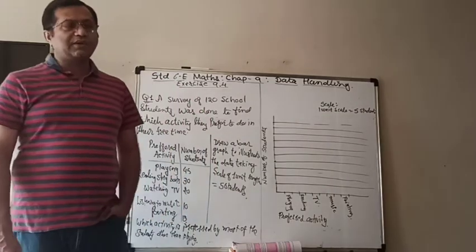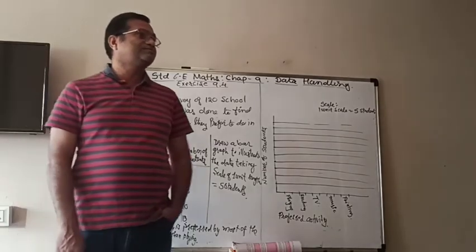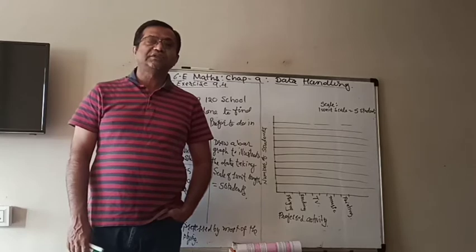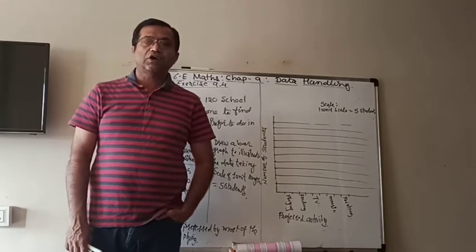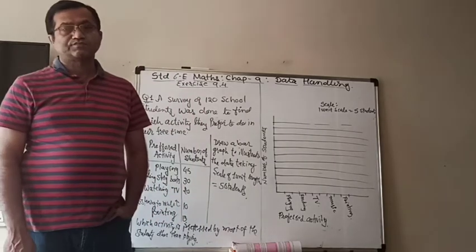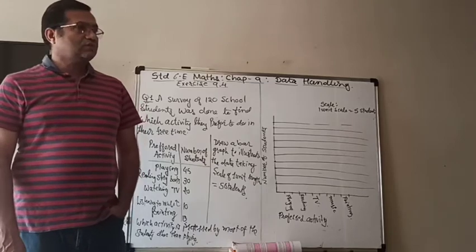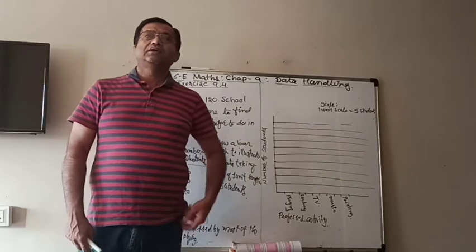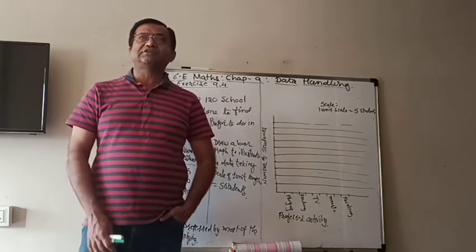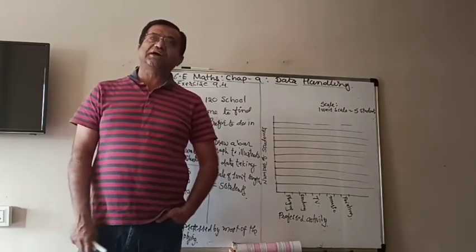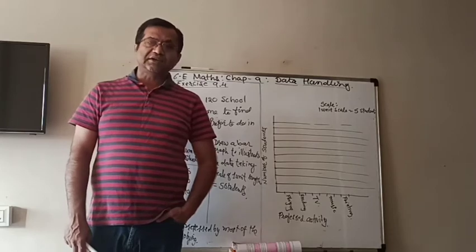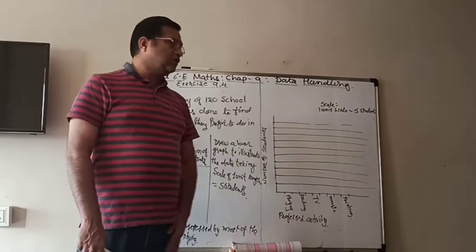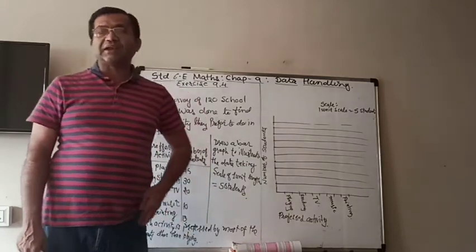The scale should not be very small or very big. It should be according to the highest and least value of the data. And then on the horizontal line we write down the names or the activities or the years, etc. And the digits according to that numbers we put it on the vertical line.